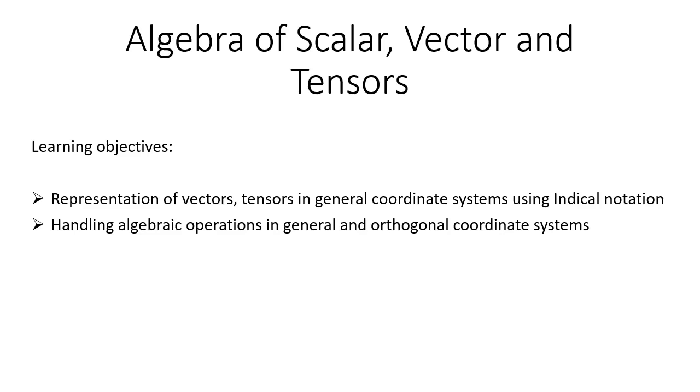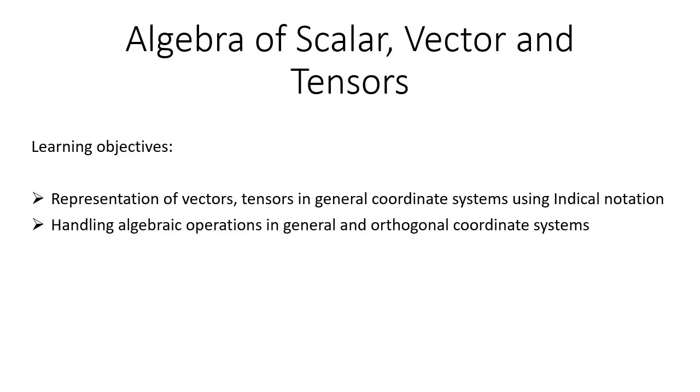the next objective is how to handle various algebraic operations. Now, what are the algebraic operations? Normally what you have are addition, subtraction, and the dot and the cross products and things like that.